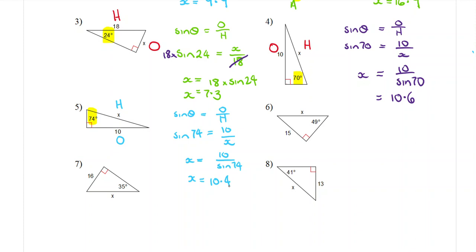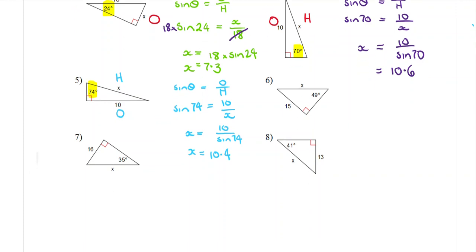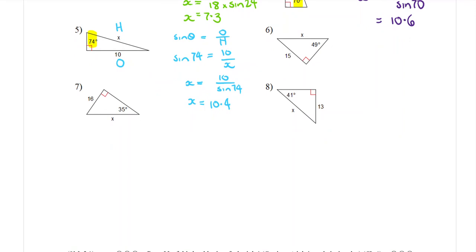I want to see if you can get one of these started on your own. Can you try to label 6, write your formula down and sub into it? See how far you can go. 7 and 8 can go together.